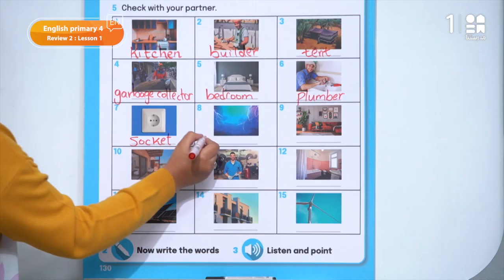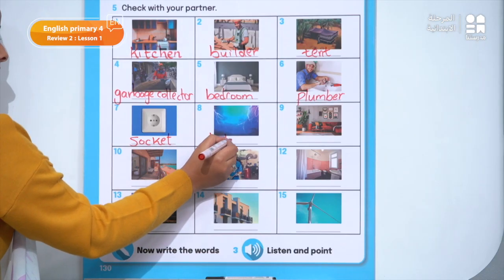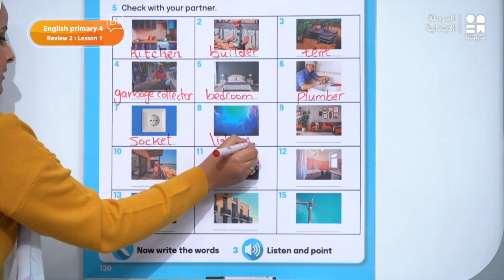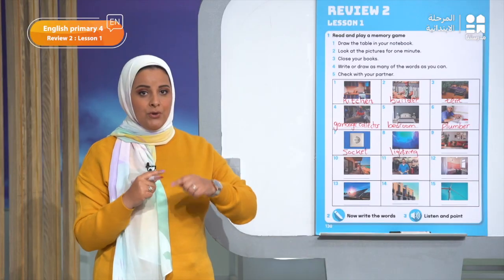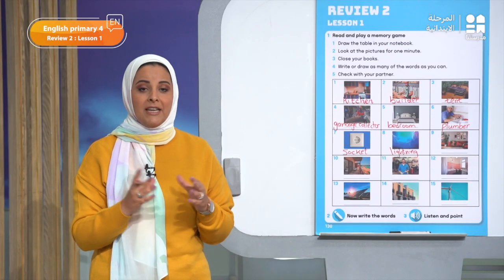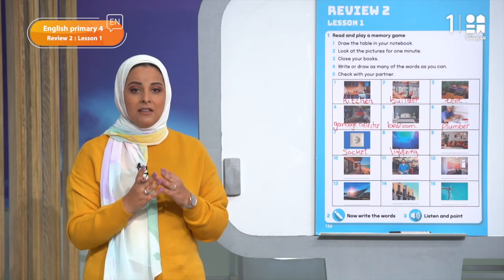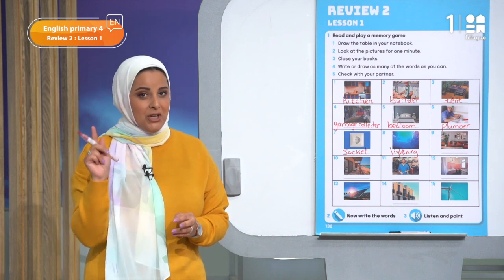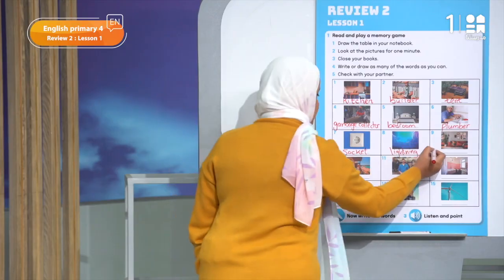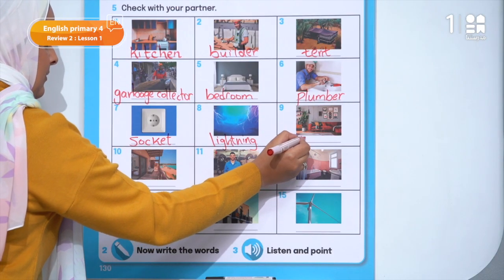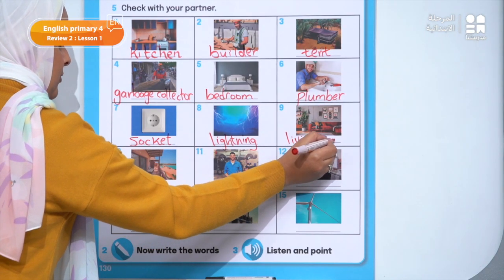Very good. Lightning. Okay. Number 9 is another room in the house. Number 9 is living room. But it's not one word. These are 2 words. So living and then room.